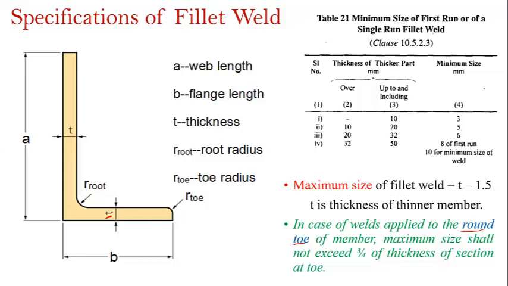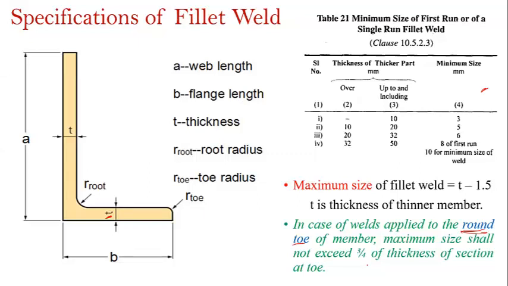And you can see Table 21 in IS 800:2007, which gives the details of what size to be adopted based on the thickness of the thicker plate. Okay, so we will also have rounded toe problems when we discuss problems, and then we'll find the maximum size based on rounded toe, that is 3/4 of the thickness of the section at toe.